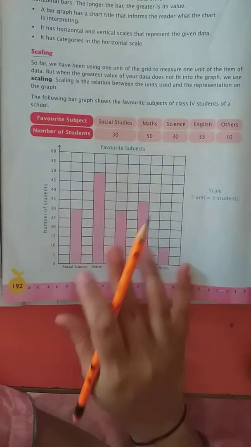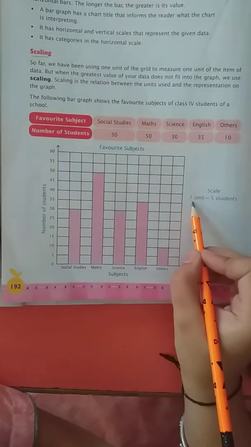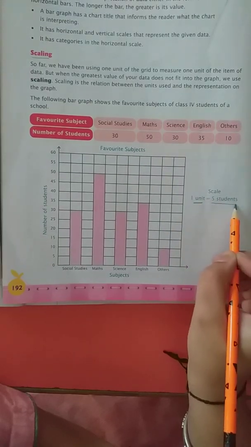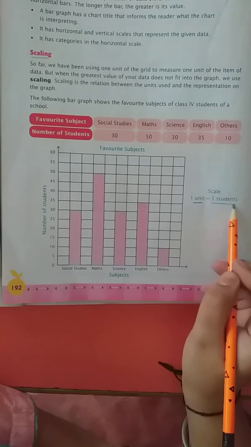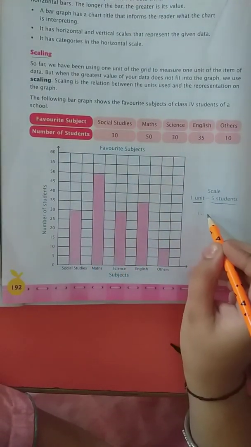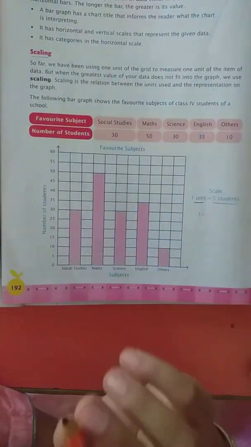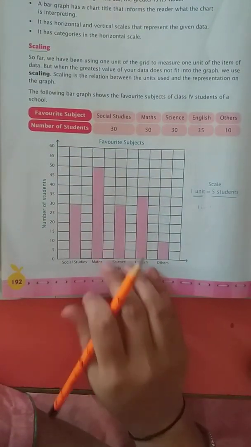So firstly we have to make a bar graph. Also remember the scale: 1 unit means 5 students. Why do we write 1 unit is equal to 5 students? Because if we measure 1 unit as 1 student, it becomes so large. That means it is difficult for us to draw a bar graph.